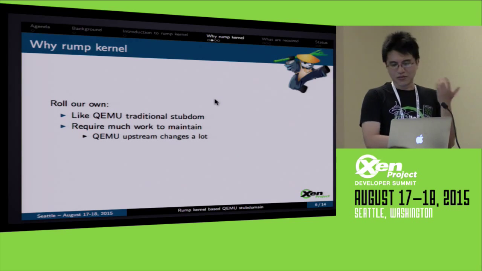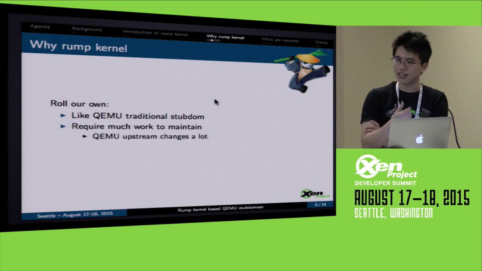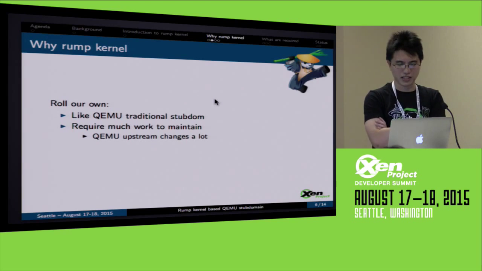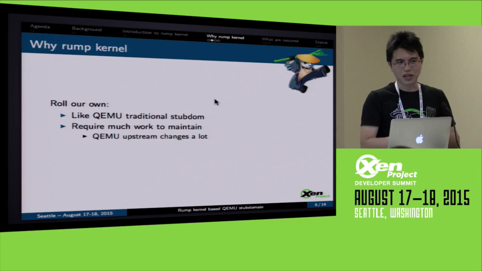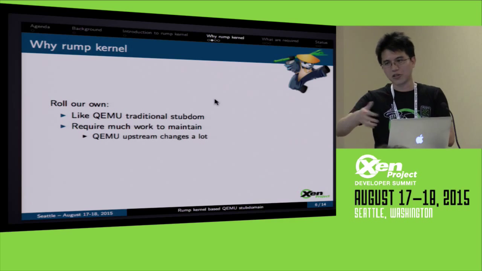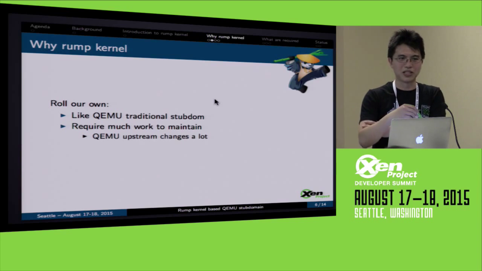So in the end, the conclusion is that rolling our own solution would require too much work to maintain. Because QEMU upstream changes a lot, as it goes along, it requires more and more libraries to build.